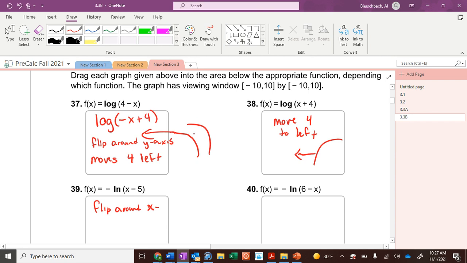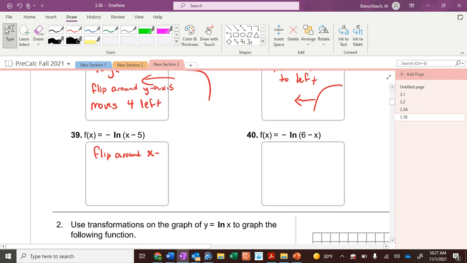Oops, like that, and then goes that way 4. Sorry about that. This one, we flip around the x-axis, and then it moves 5 which way? 5 to the right. So it was normally going up like this, so we flip around the x-axis, it goes like this, and then 5 to the right.